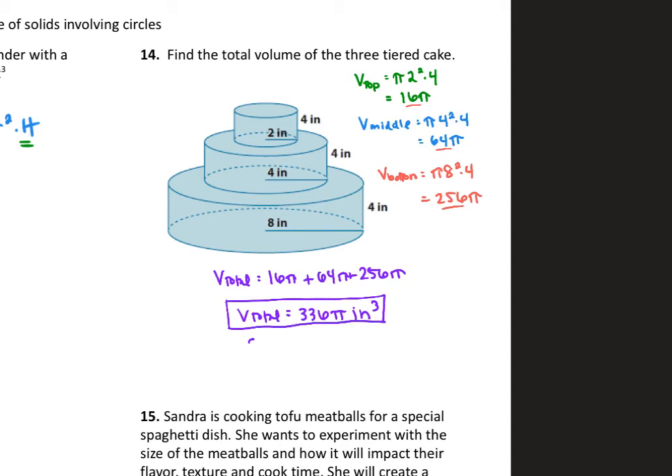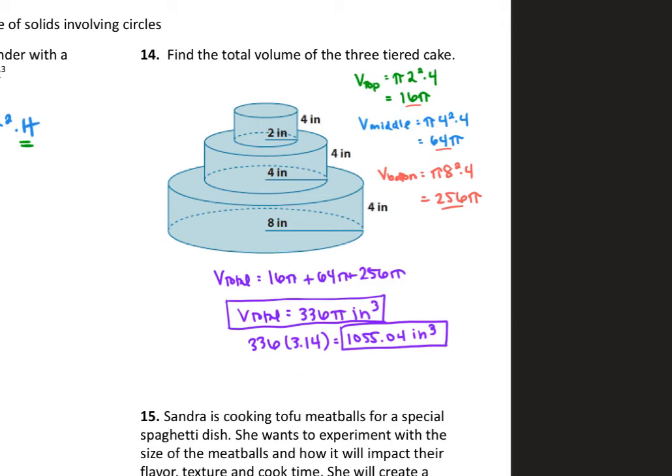Then to get our approximate, we're going to do 336 times 3.14, which is 1055.04 inches cubed. So your answer in terms of pi is always going to be a smaller number, and then when you multiply by 3.14, it is going to be a bigger number.